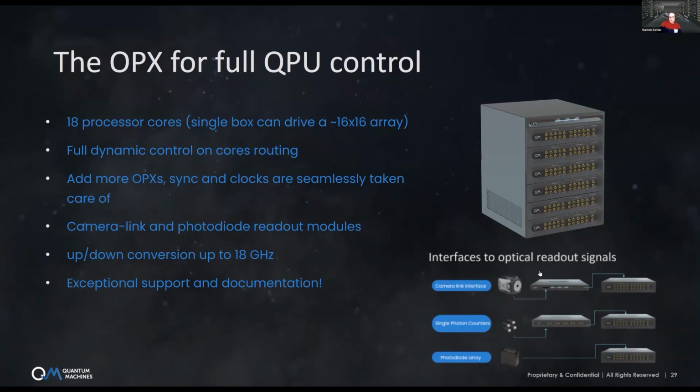To that, you can connect products that will come out soon, next year. So a camera link interface: we will have a device that does the image processing and then stores the results into QUA variables, so that you can take images of your atoms or ions and define that image processing algorithm.